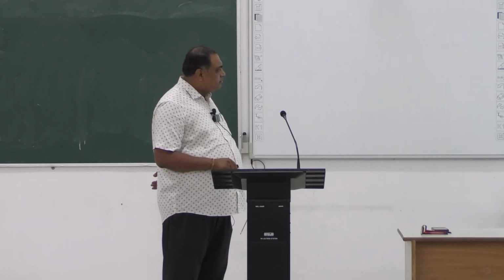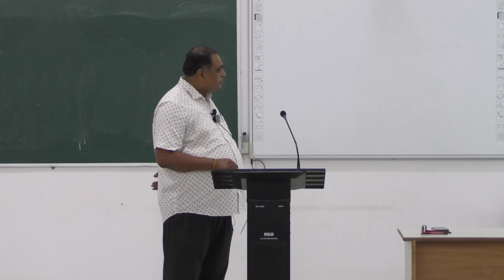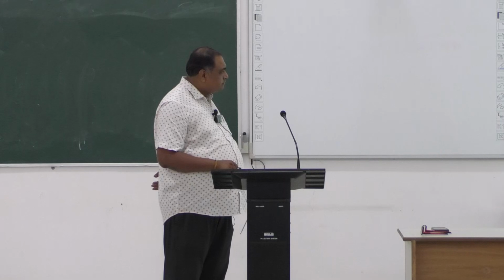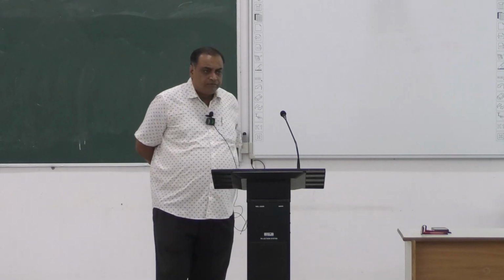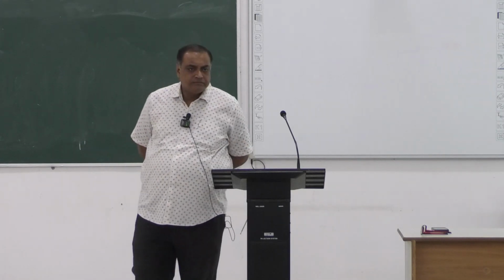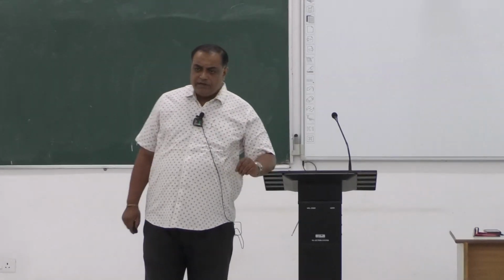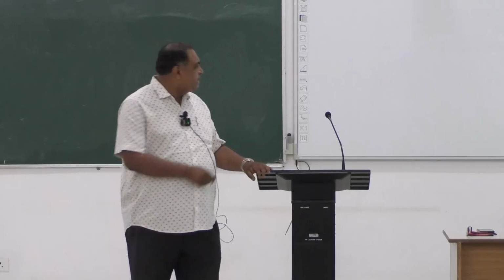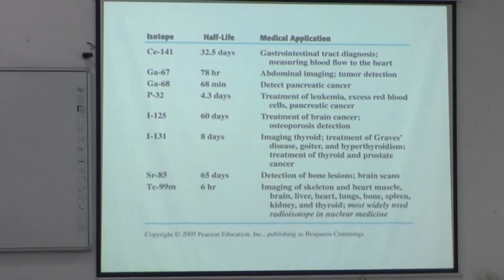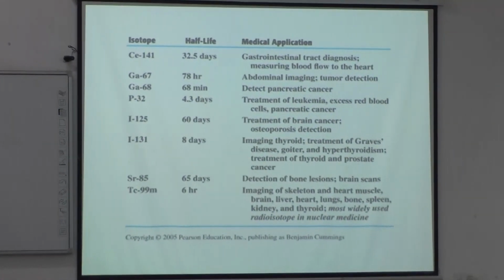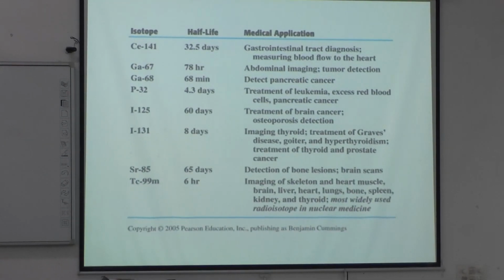125 is used for, and 131 is used for. What is the difference? When we are going for diagnosis purpose, we are giving iodine 131 because it has less half-life. So it will be readily washed away from the body.